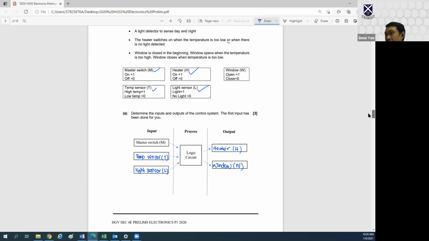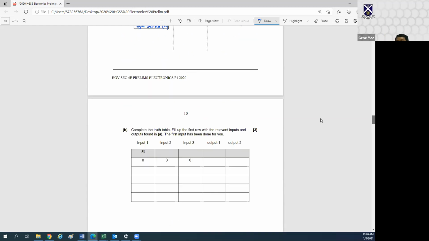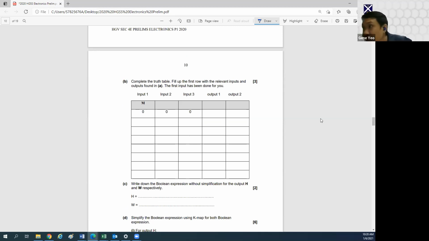Okay. So now they want me to fill up the truth table. First row has been done for you, the 3 inputs and the output. So the inputs you don't have to think, right? Because they are all fixed. So it's always, it's not sometimes, it is always 0, 0, 0, 0, 1, 1, 1, 1. So that's always the first line.